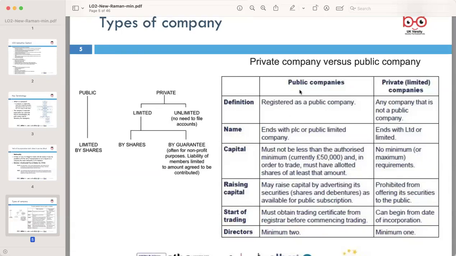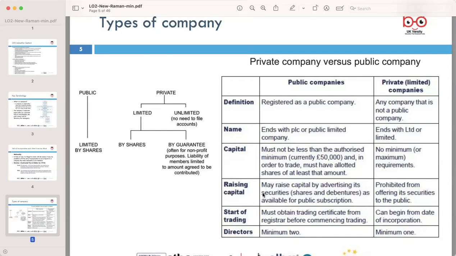A public company's name ends with PLC, public limited company, while a private company ends with Limited. For a public company, capital must be not less than the authorized minimum of 50,000 pounds, and in order to trade it must have allotted shares of at least that amount; a private company has no minimum or maximum requirements.